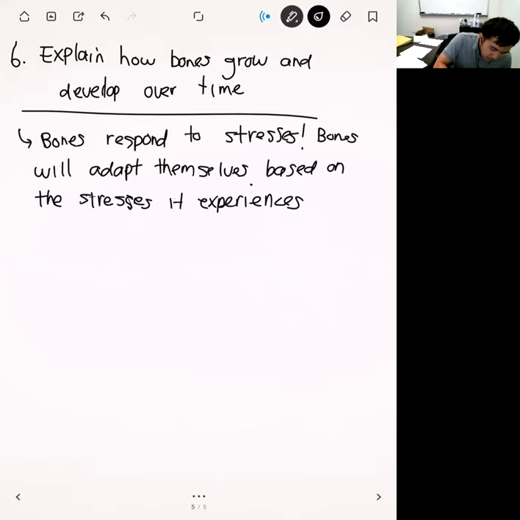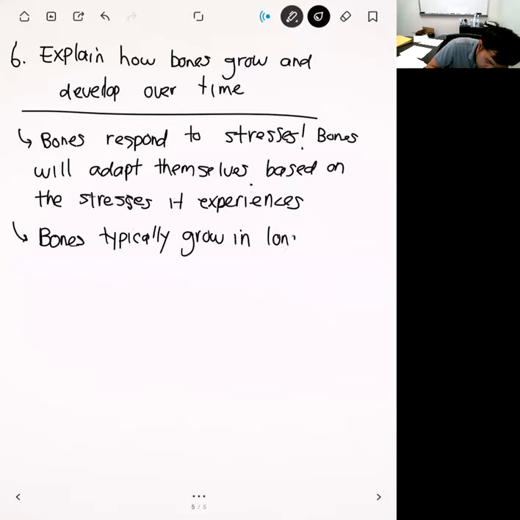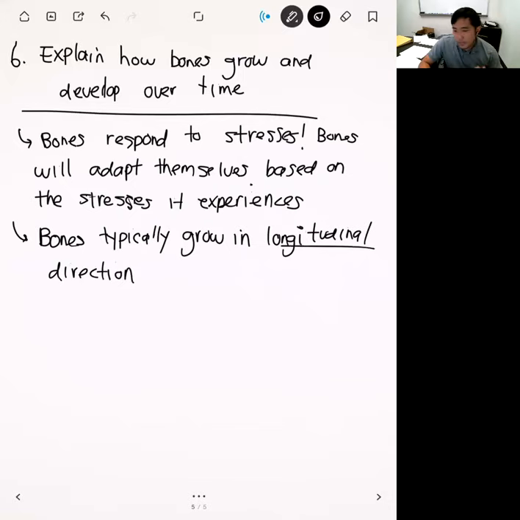Typically, when we say bones are growing, for adolescents or for kids that are still getting taller, bones will typically grow in the longitudinal direction. And all that means is that the bones are just going to get longer.